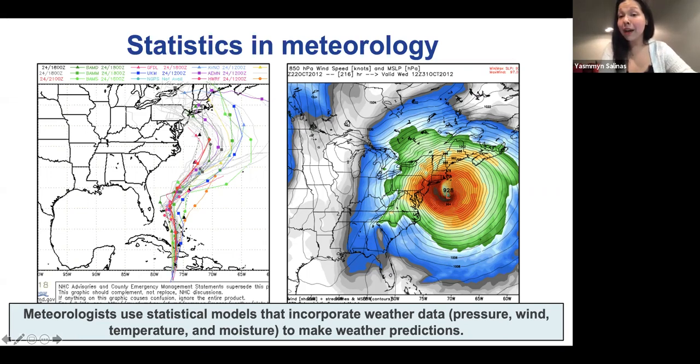Depending on how people build their statistical models, they might have different predictions about where the hurricane is going to go and how quickly. So statistics is powering all of these predictions.